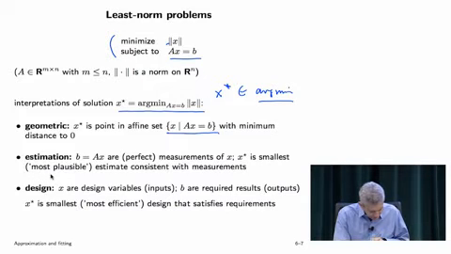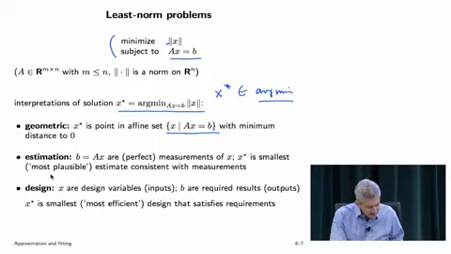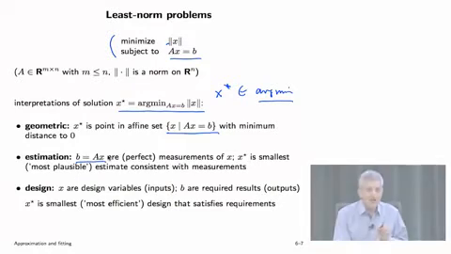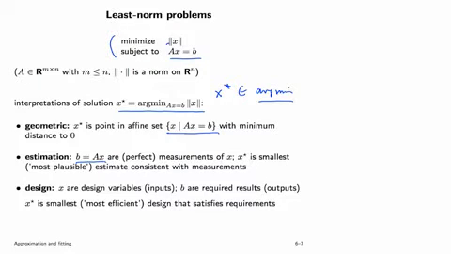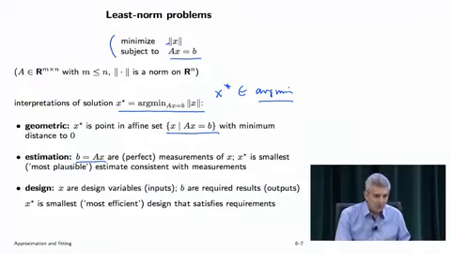Estimation is this. The idea in the estimation interpretation is something like this. We interpret b equals Ax to mean that we have m perfect linear measurements. So there's no noise, nothing. They're perfect. But we have n parameters to estimate, and we have more parameters than we have measurements, right? So I have 150 parameters to estimate.